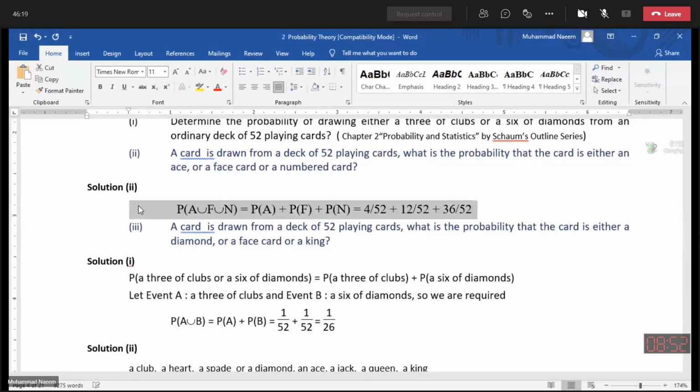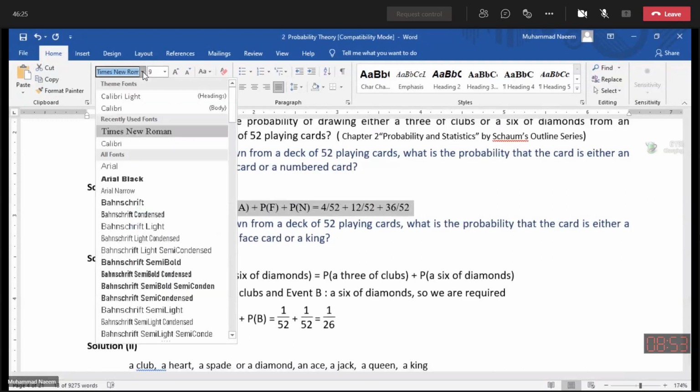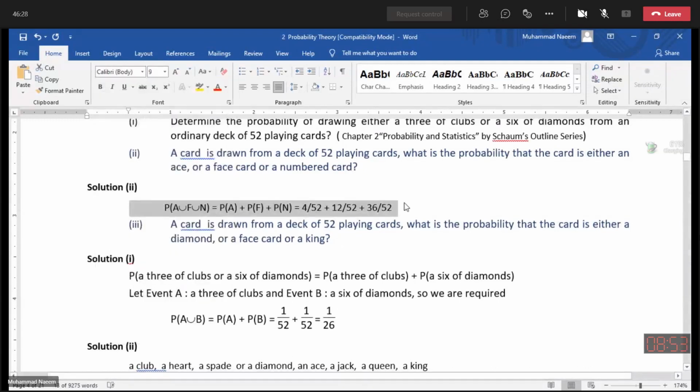So this will be the situation when all the three sets having no common elements.